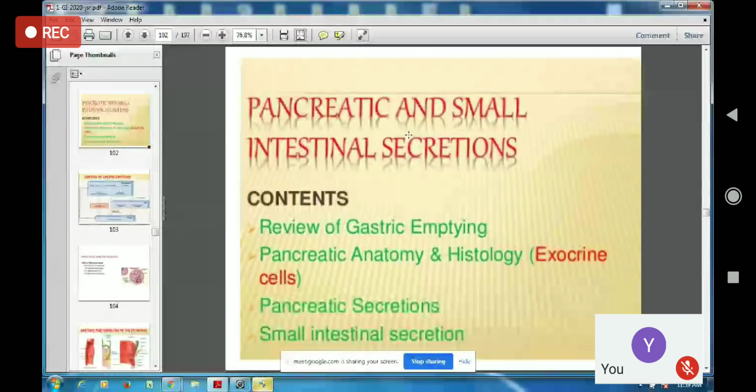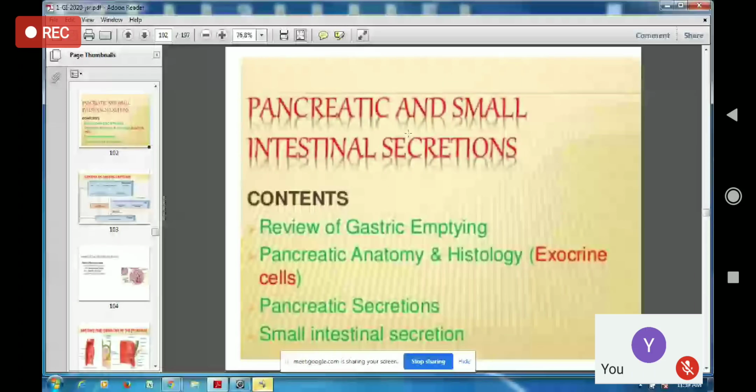Why? Because then there will be enough time for the enzymes present in the pancreatic secretions and small intestinal secretions that will come there to act. So it is a process which occurs drop by drop, the food from the stomach going into the duodenum.